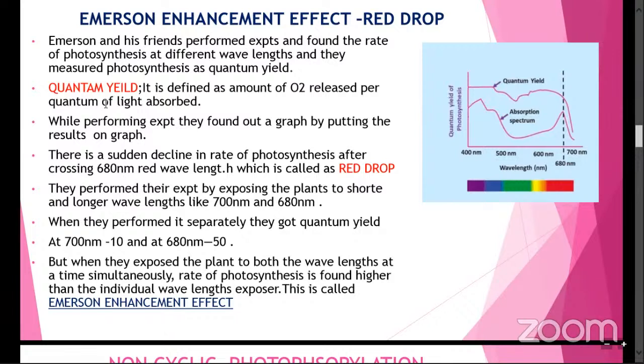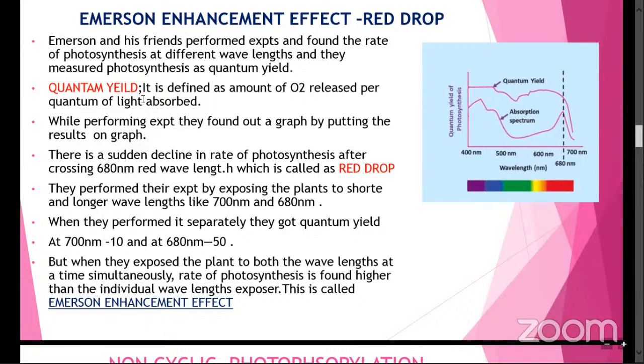Quantum yield is defined as the amount of oxygen released per quantum of light absorbed. That means photons are absorbed during the light phase, and by photolysis, they release oxygen.